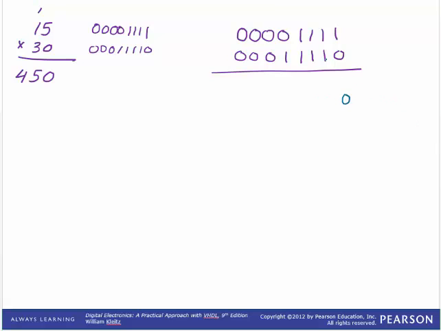No problem. Next case, my multiplier is a 1. 1 times the multiplicand, so 1, 1, 1, 1, 0, 0, 0, 0. And I've got to repeat that 4 times because there's 4 places where the multiplier is a 1.